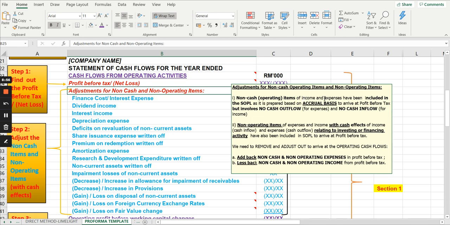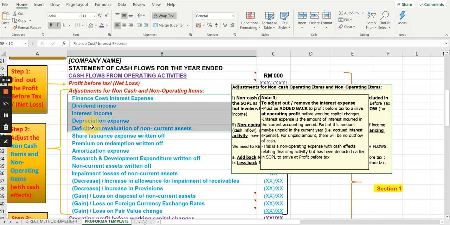It can either be income or expenses, because when you prepare your income statement or statement of profit or loss, it is prepared on an accrual basis. So to arrive at the profit before tax, you use accrual basis. However, for those non-cash items, I have put a long list here, but normally you just have a few items that you may come across in the question.